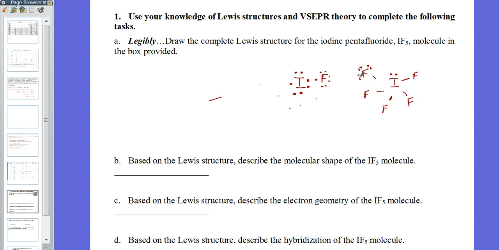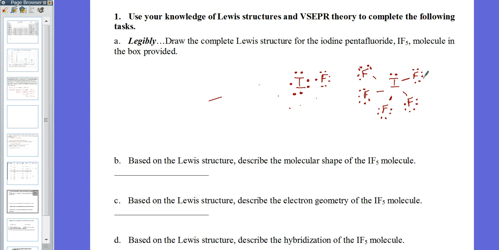non-bonding electrons around each fluorine. So just like that, all of them. You just have to draw them in so that you show the octet on each terminal fluorine atom, like that.